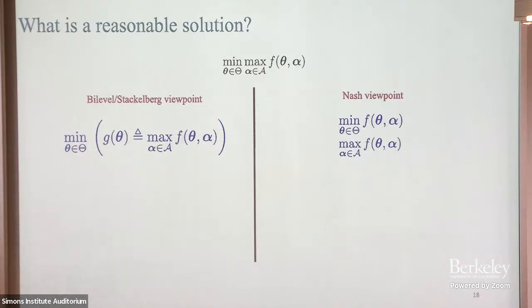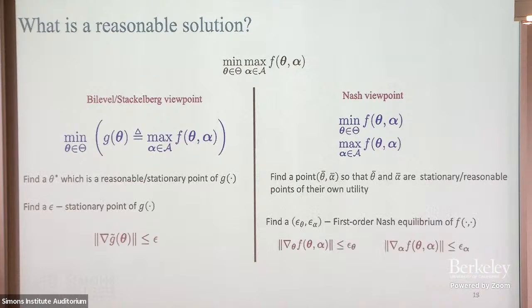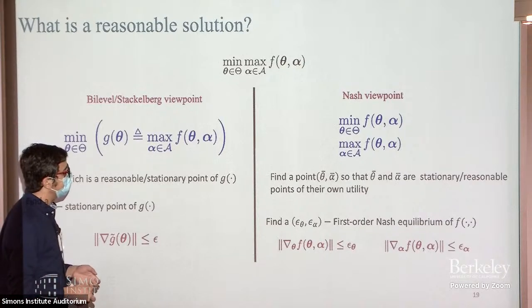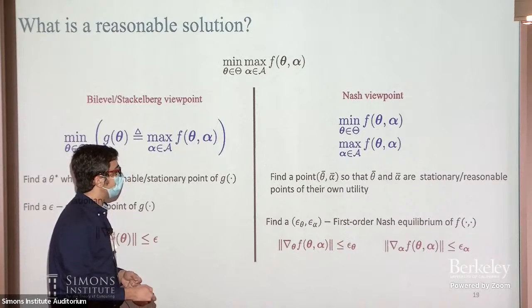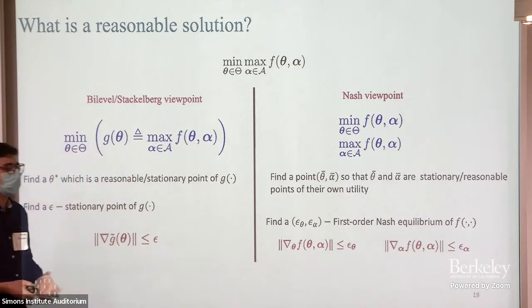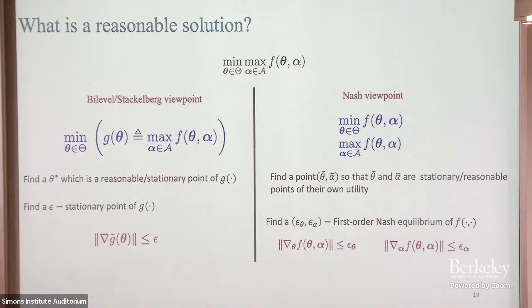You have two players, alpha and theta. And you can define your notion of optimality or stationarity based on the viewpoint that you have. For example, in the Nash viewpoint, in the unconstrained case, you are happy if your gradient norm with respect to theta and alpha is small. In the constrained case, you can look at the proximal gradient norm, for example.